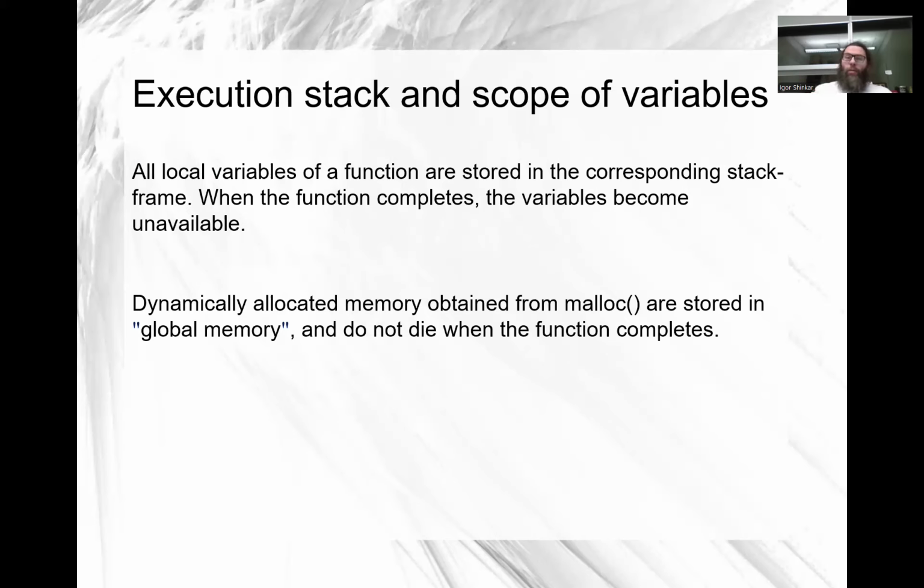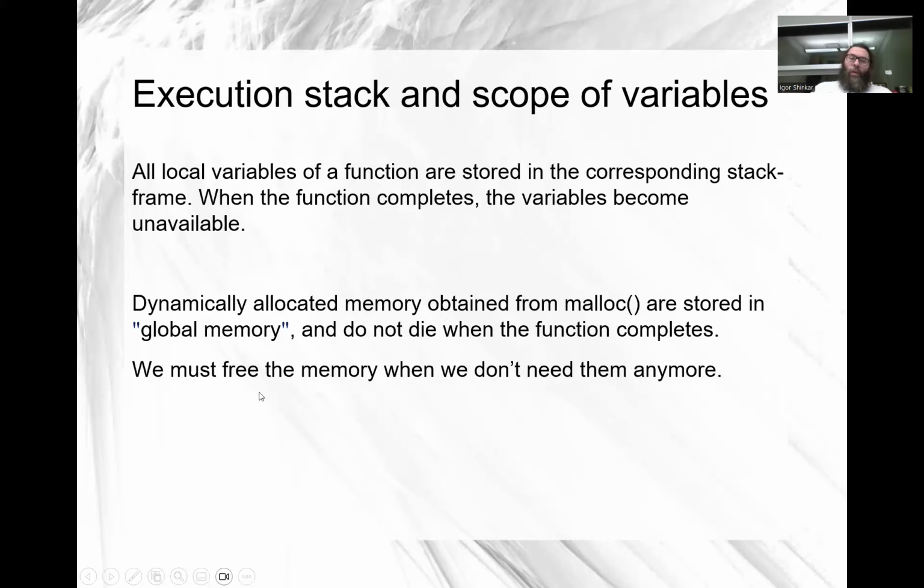Whatever we get from malloc is not stored in the stack. It is stored in, I'll call it global memory for now. So when the function exits, it stays alive. This is why we need to free it ourselves when we don't need it anymore, because this execution stack mechanism doesn't take care of that.